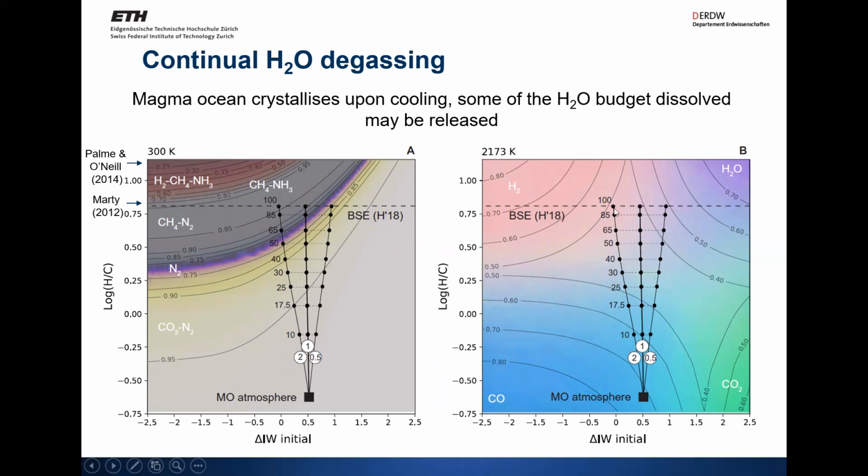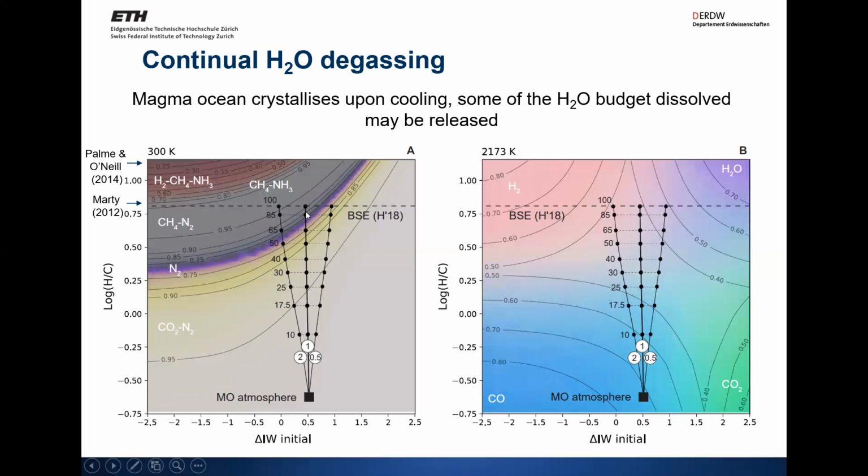So if we degas 100% of the water that was contained in the mantle, that's at 1900 Celsius. And if we then cool it down to 25 degrees, again in the same chemical parameter space in the X and Y axes, you can see that actually this CO2-N2 Venus-like atmosphere stability field is very, very large.